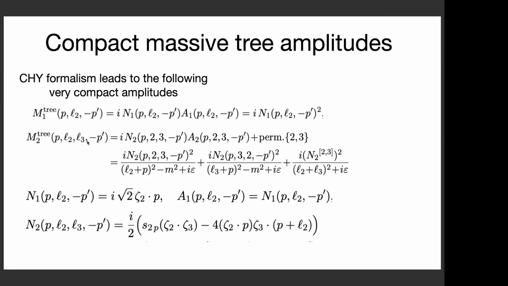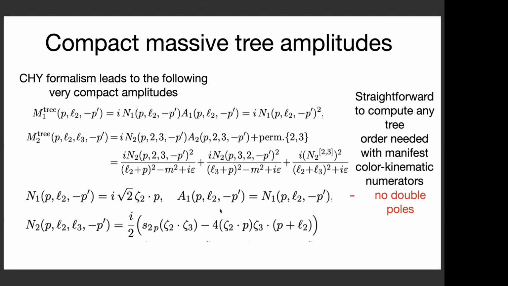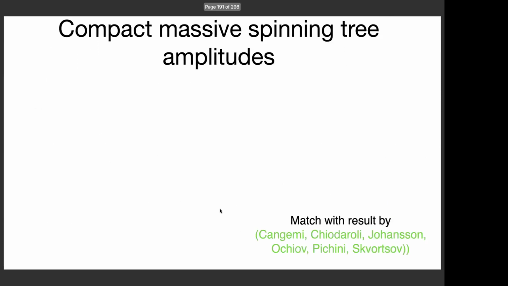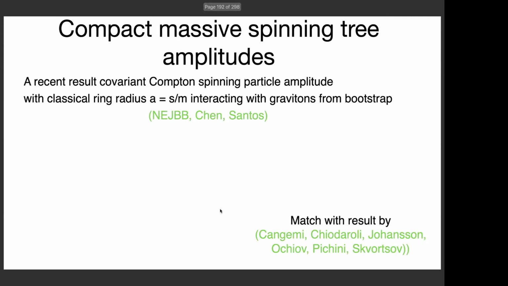At 4-point order, gravity is the product of Yang-Mills times numerator, and we sum over all permutations. We can write this out in this form below, where we see the numerators squared, but where the poles are given by the Yang-Mills amplitude. So we can use this to straightforwardly add any number of graviton legs we want in the cut, and we don't have to consider double poles.